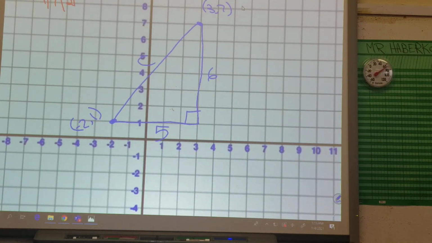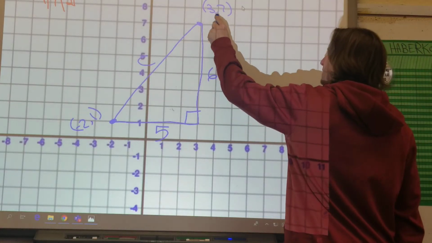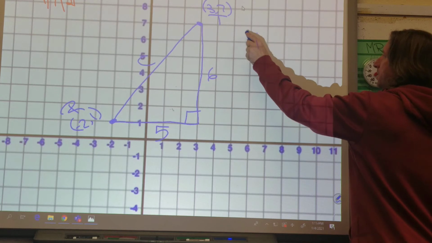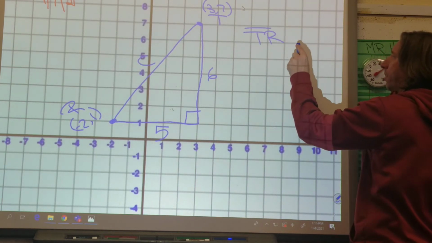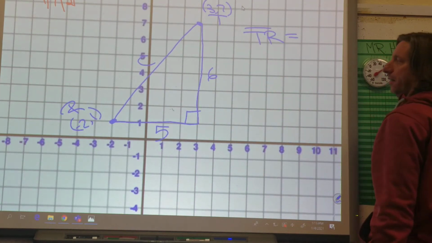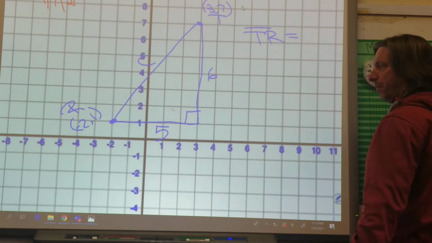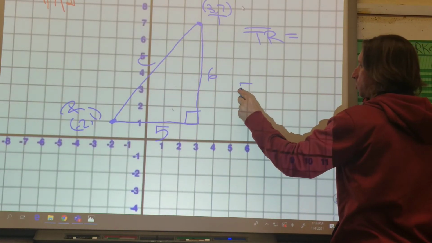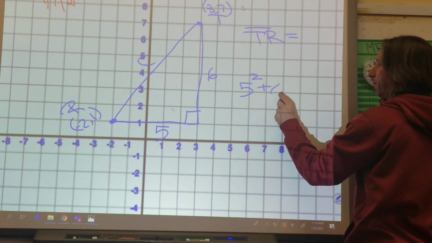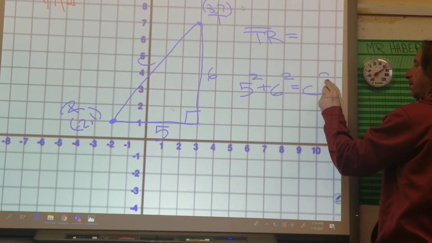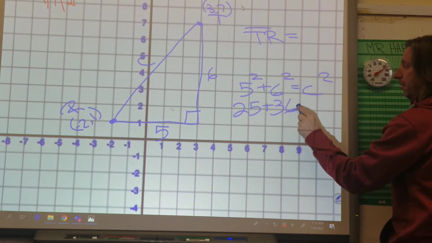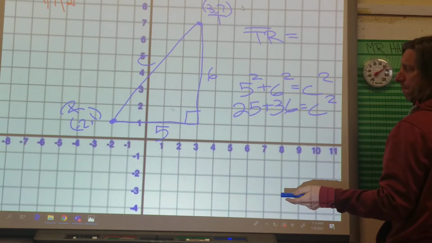So you're trying to find the distance, and they may name these points like T and R, and they're going to say find the distance between segment TR like this. All right, so you do the same thing. Pythagorean theorem. These are my legs. This is my hypotenuse, right? Should be getting good at these by now. 25 plus 36 equals c squared.